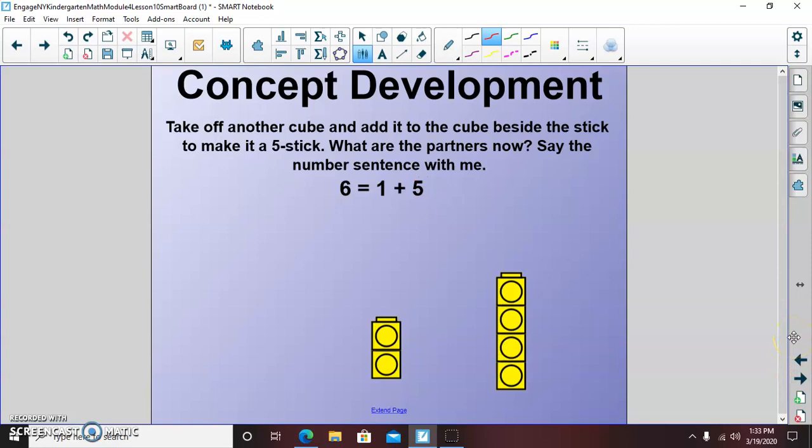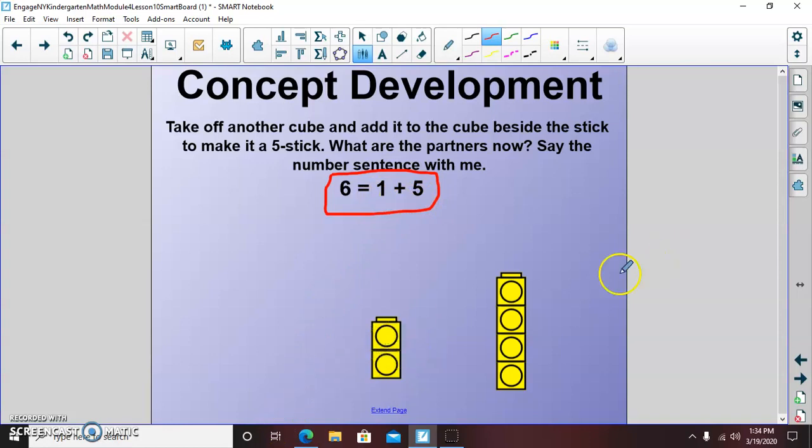We do have 1 more. We must have done so well they added another one. Okay, now I'm going to start looking at this number sentence, and then we're going to have a picture to match it. Okay? So it says 6 equals 1 plus 5.